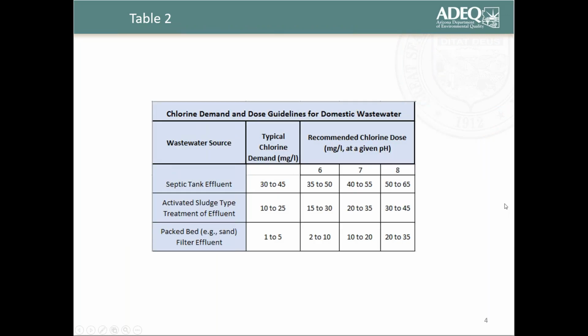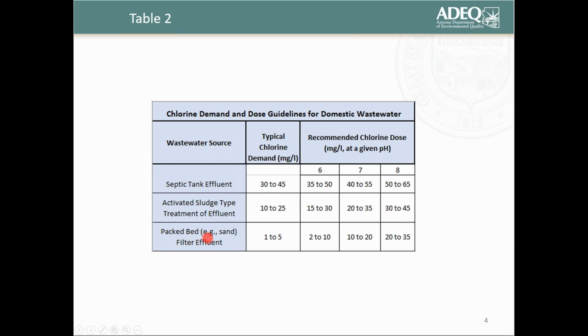Okay, now let's look at the chlorine demand and dose guidelines for wastewater. So our wastewater source here, and this table actually has information for a variety, including septic tank effluent.